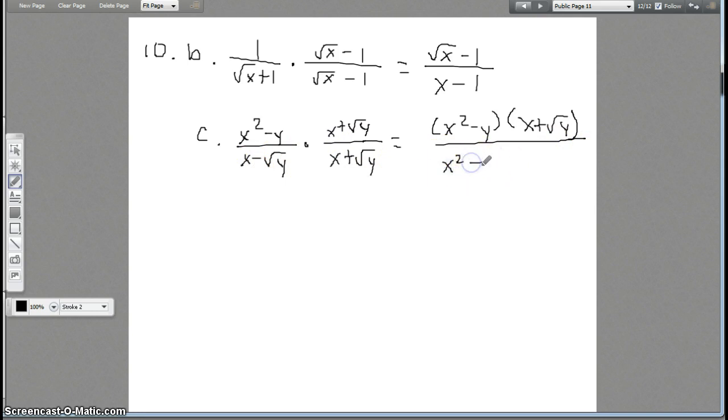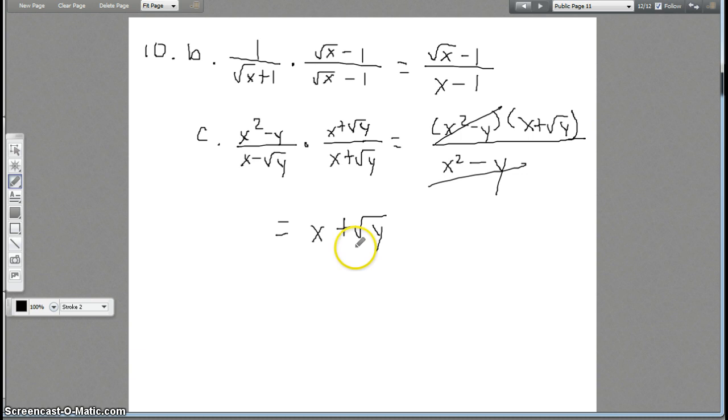And then we're going to subtract the square of our second term. Our second term is root y. When we square root y, we get y. And this is why I did not multiply out what we have in the numerator. Notice we have an x squared minus y in the numerator and an x squared minus y in the denominator, so they cancel. And our answer is x plus root y.